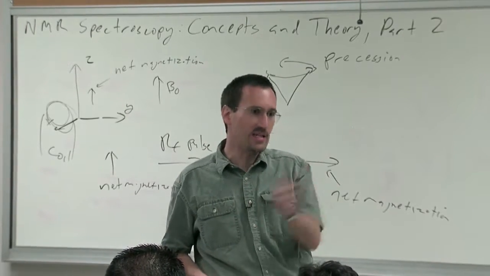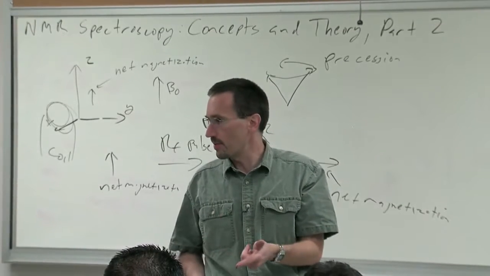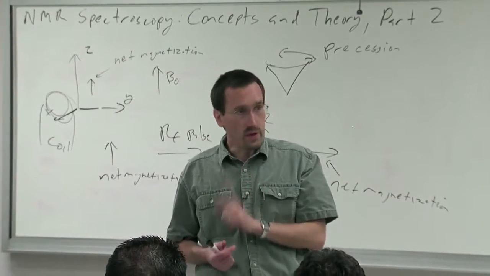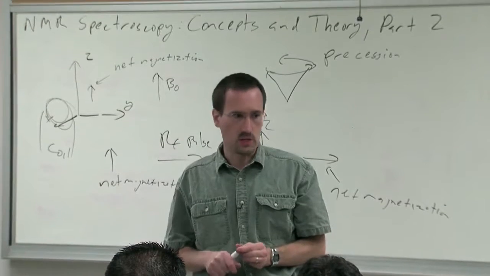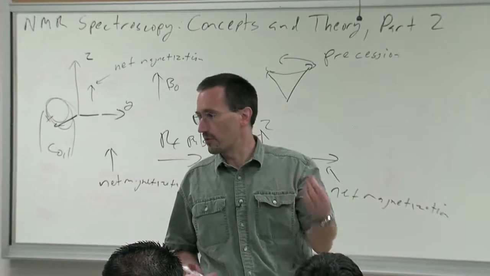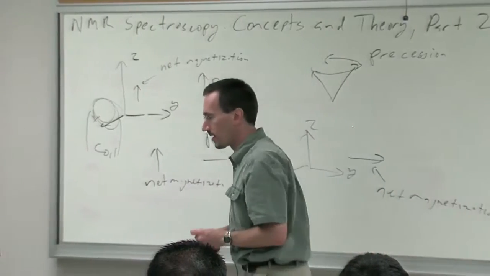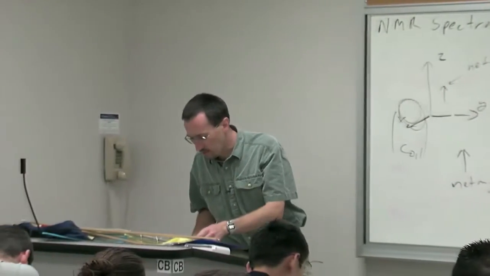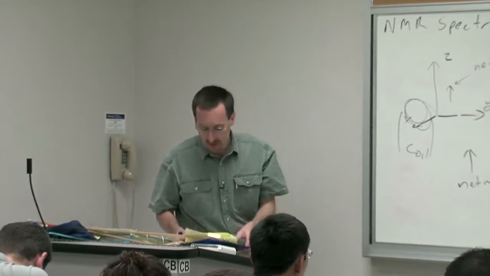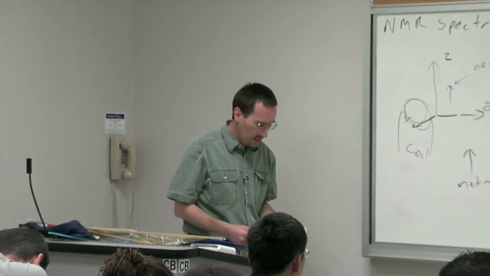I think I said 81 out of 2 million population difference, with the exception of some very specialized techniques that involve, for example, unpaired electrons and free radicals, or xenon atoms for that matter, and special optical techniques.